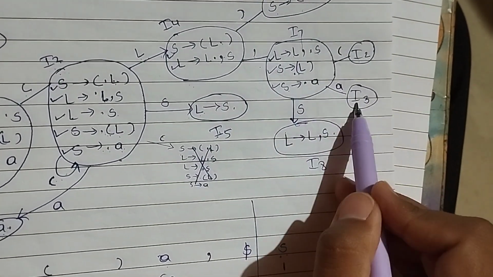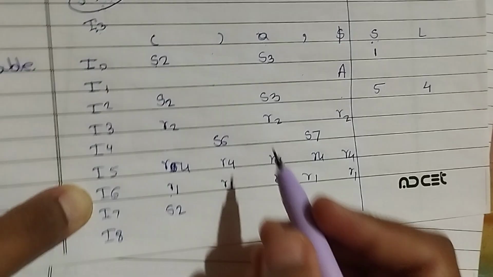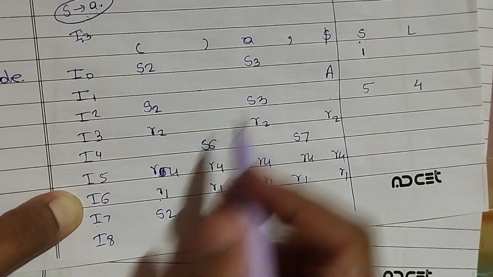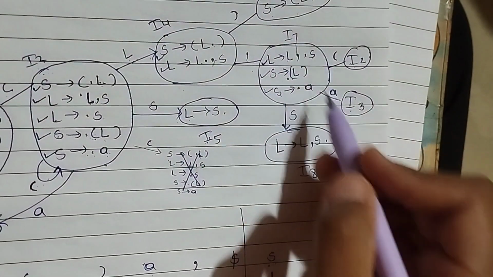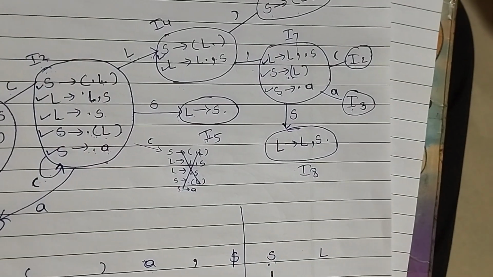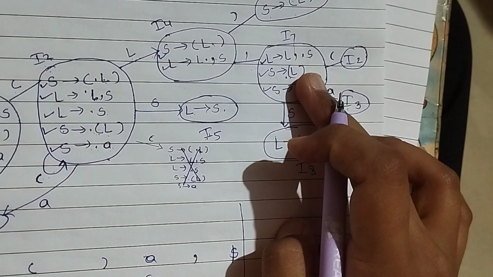Now A goes to the I3 state, so we write S3. Now I7 and comma: the comma does not go anywhere. Dollar also does not come for I7, because it is not an acceptance state.